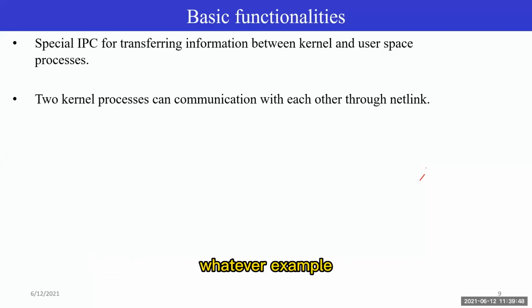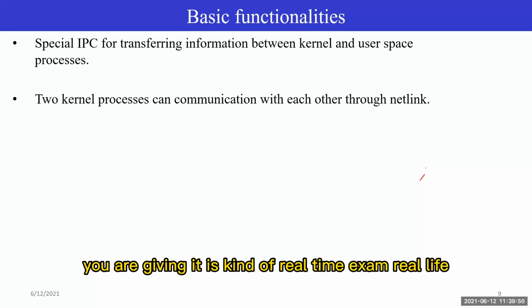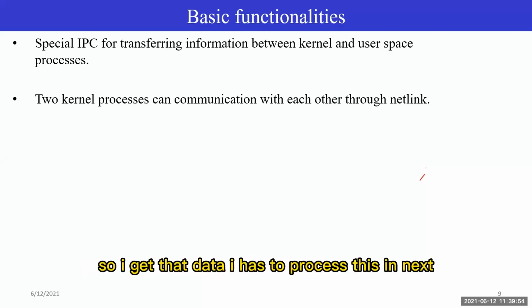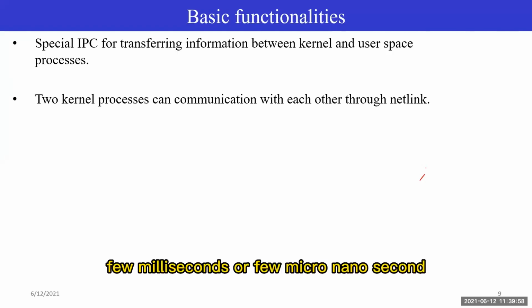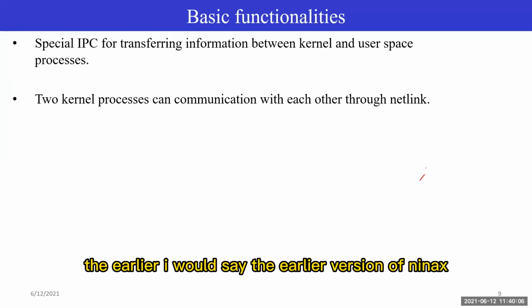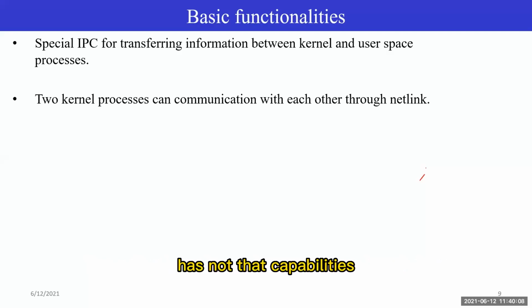So whatever example you are giving, it is a kind of real-time data processing. I get the data, I have to process it in the next few milliseconds or few nanoseconds. Usually, the earlier versions of Linux did not have the capability of meeting that goal.